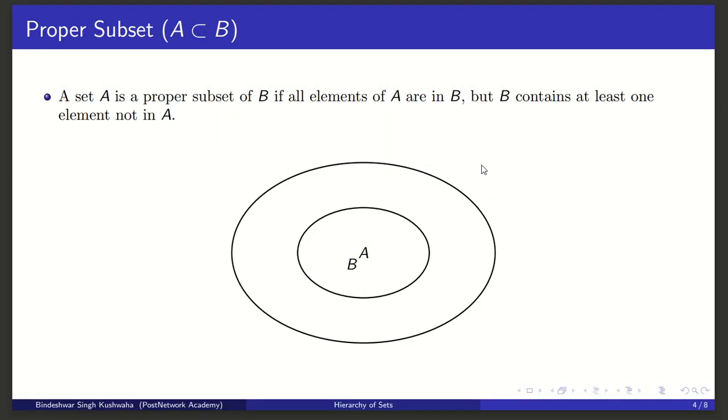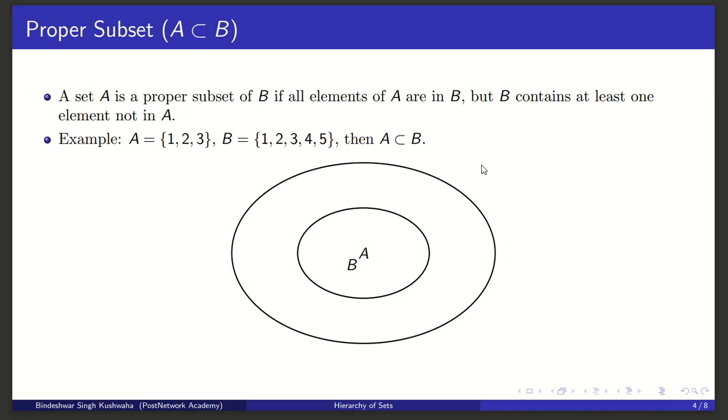Now proper subset. A is a proper subset of B if all elements of A are also in B, but B contains at least one element not in A. The external ellipse is showing B and the internal is A. So A is a proper subset of B here.